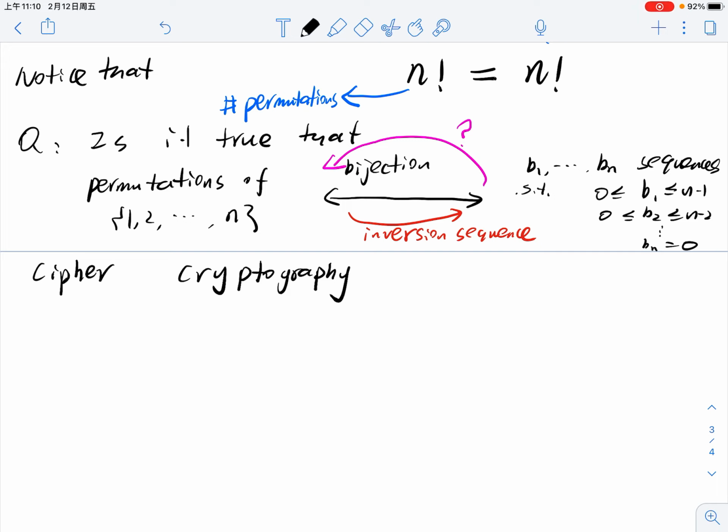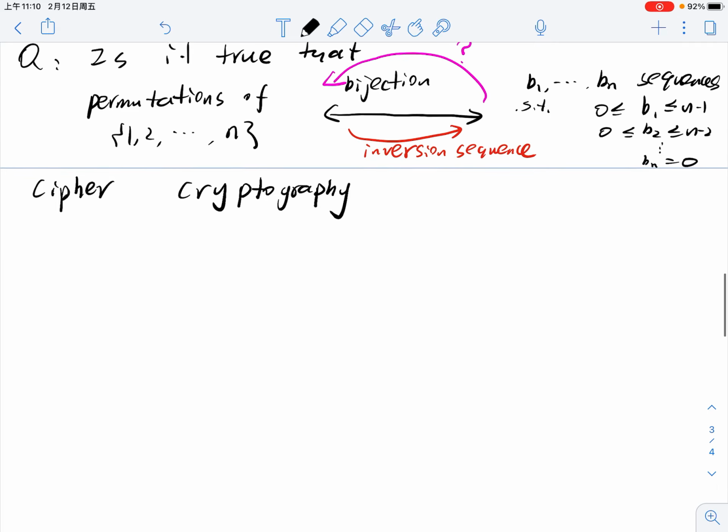So they transform it to B sequences. And if the third person doesn't know they are talking about inversion sequences, then even if he knows the B sequences, he cannot recover the permutations. So that's the usual idea for the common cryptography. Probably nowadays they have some more advanced ideas, but for the classical code, usually they do it this way.